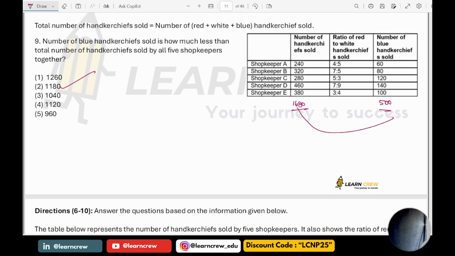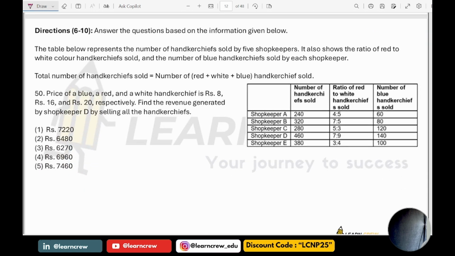Simple question. Next. Price of a blue, red and white handkerchief is 8, 16 and 20 rupees respectively. Find the revenue generated by shopkeeper D. So it is 8 into 140 plus 16 into 140 plus 20 into 180.